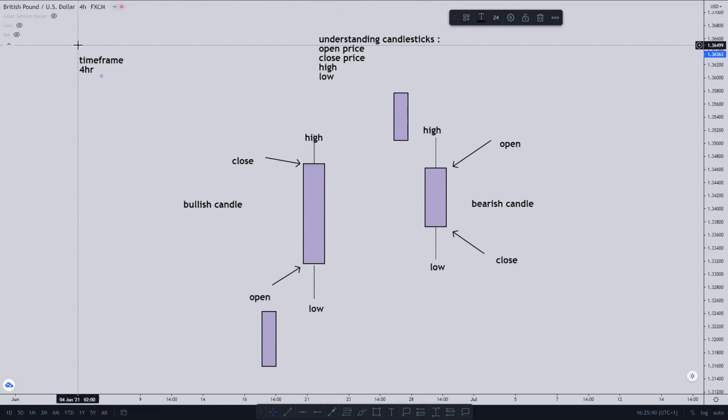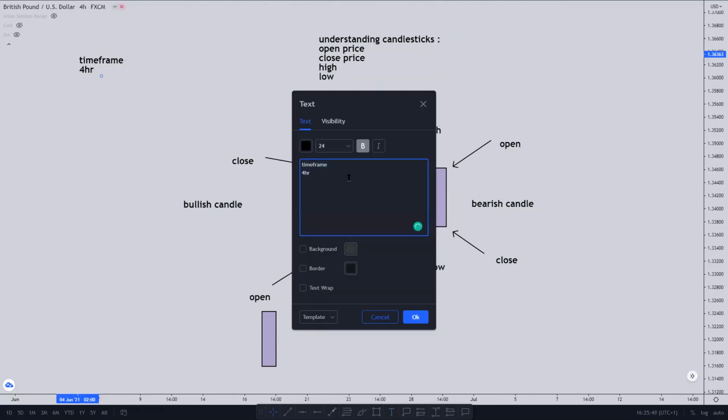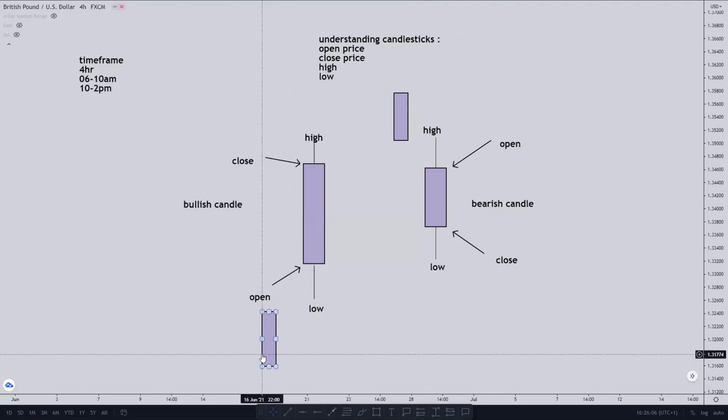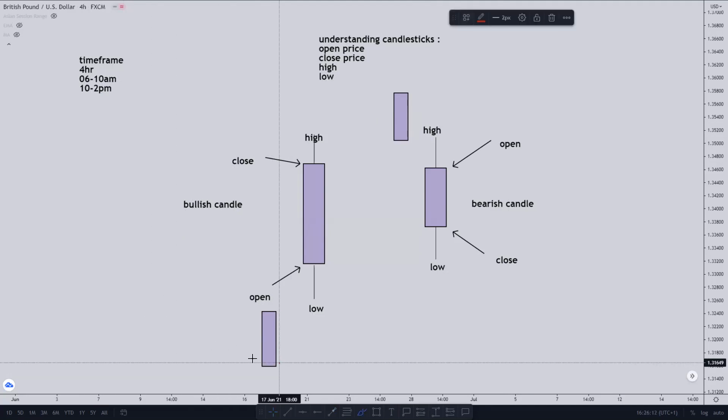So for example, for the past 4 hours, let's say the first candlestick was at 06 until 10 a.m. And then the second one's going to come from 10 a.m. until 2 p.m. So this candlestick opened at 6 a.m., which the open price was around here, and then closed at 10, which is the close price here, right?